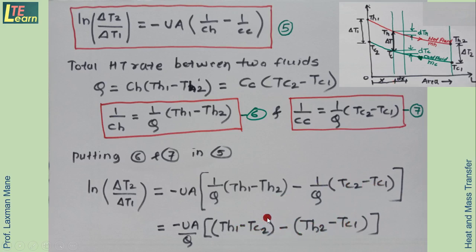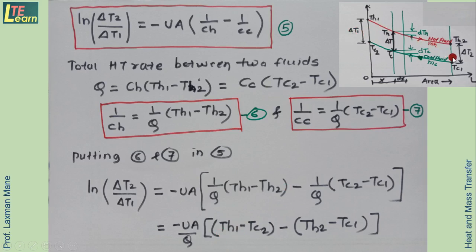So here Th1 minus Tc2, if you see here at the inlet, Th1 minus this Tc2, this is the temperature difference at the inlet, which we can write as delta T1. See here in this diagram.